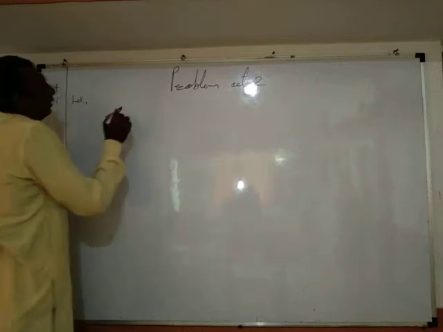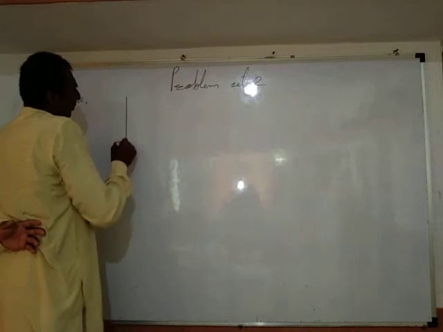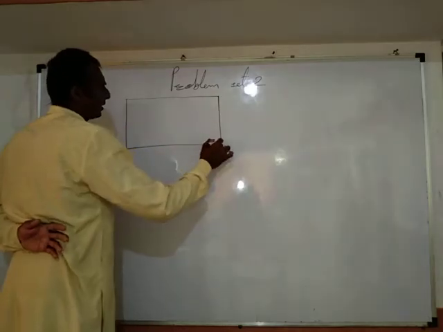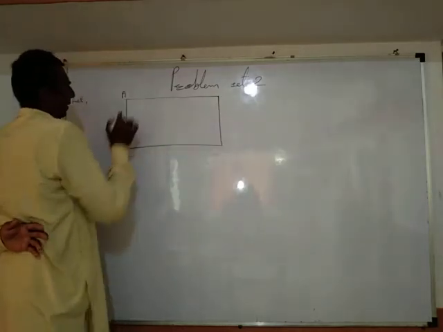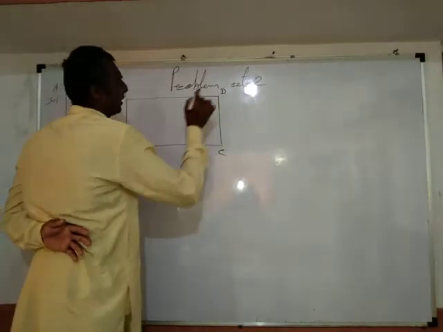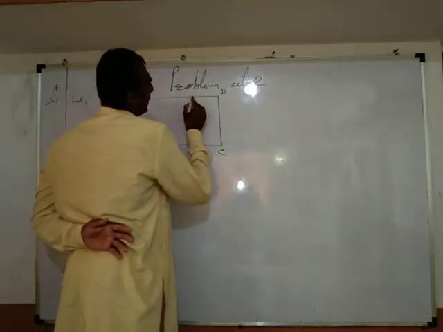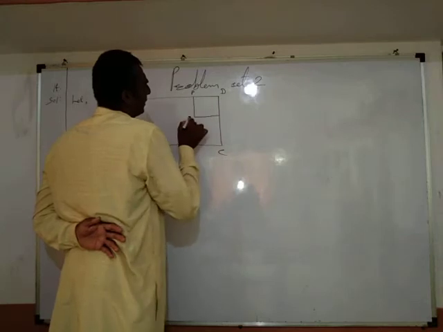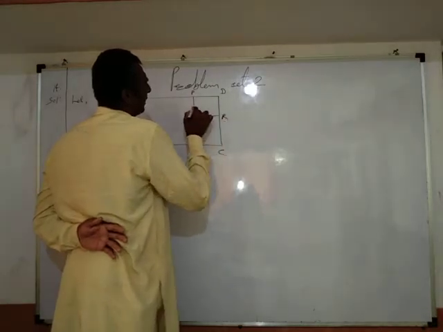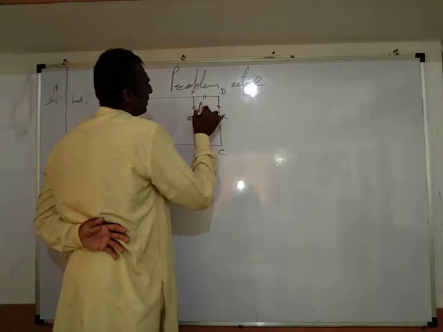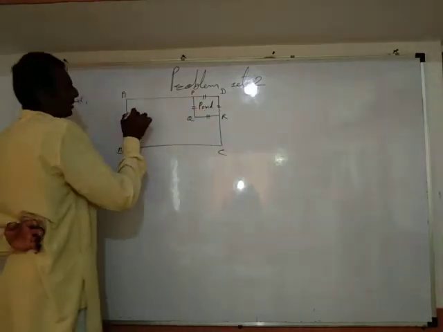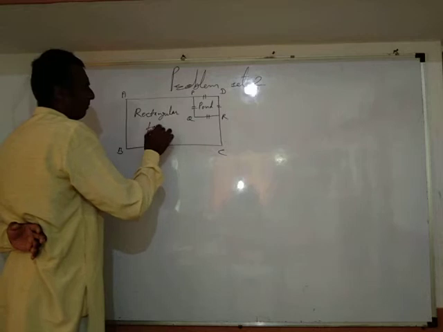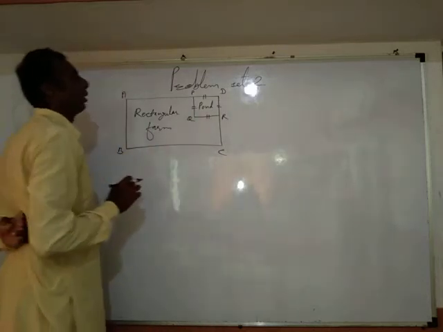Let quadrilateral ABCD be a rectangular farm, and quadrilateral PQRS be the square shaped pond. It is a rectangular farm and it is square shaped pond.